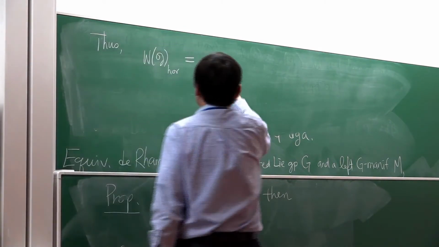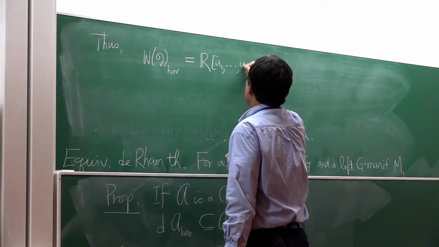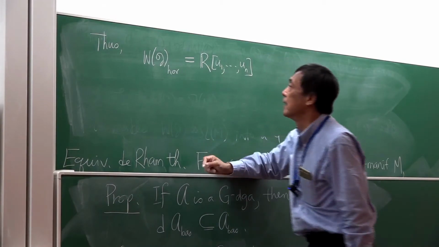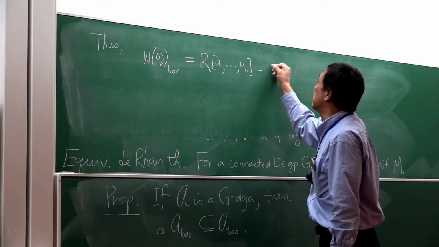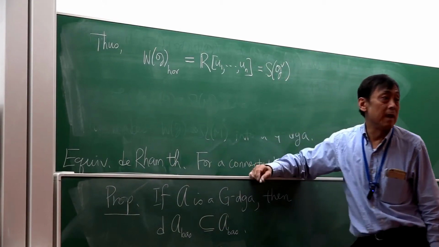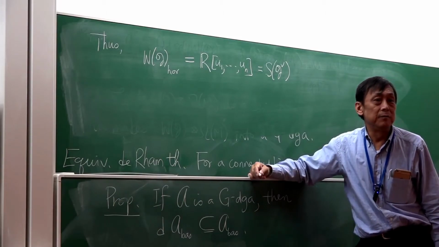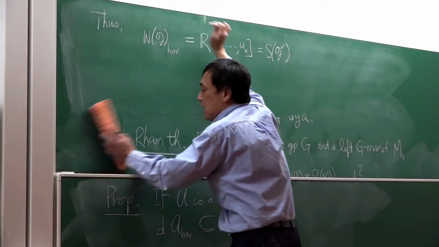So those are the horizontal elements in the Lie algebra. That is just the symmetric algebra of G dual. Okay?